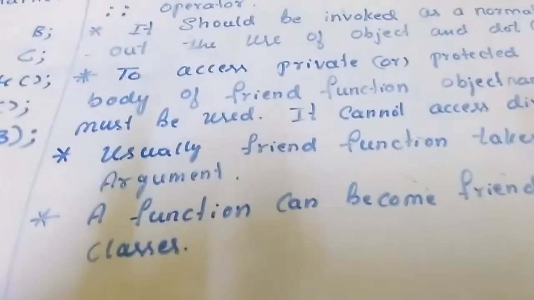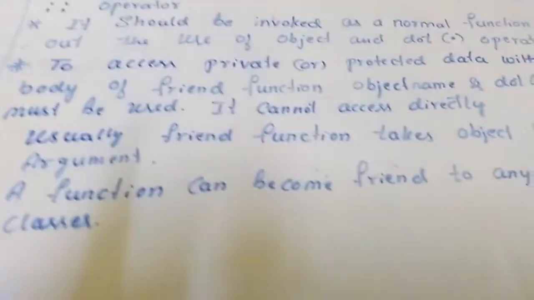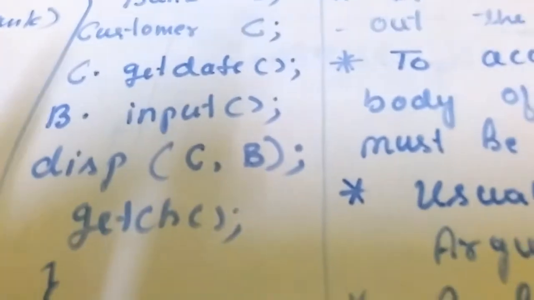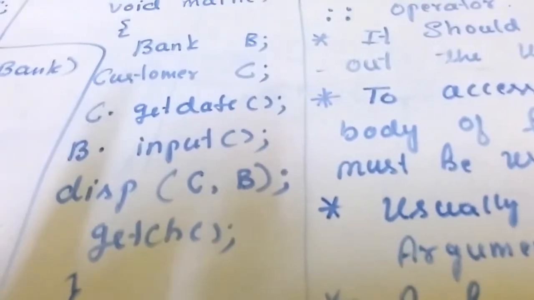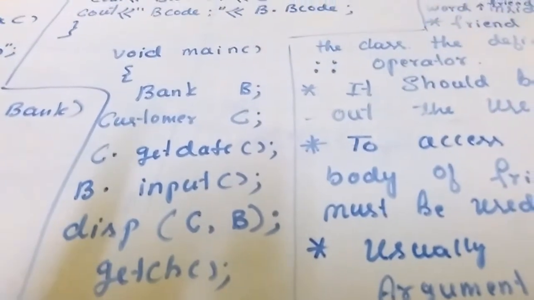Next, these points are very important, and the last two points I added. You can remember this. Usually, friend function takes object as function argument, isn't it? See here, disp c comma b. C is an object, b is an object. We have to pass these two objects. Otherwise, how can it access the private data of an object?